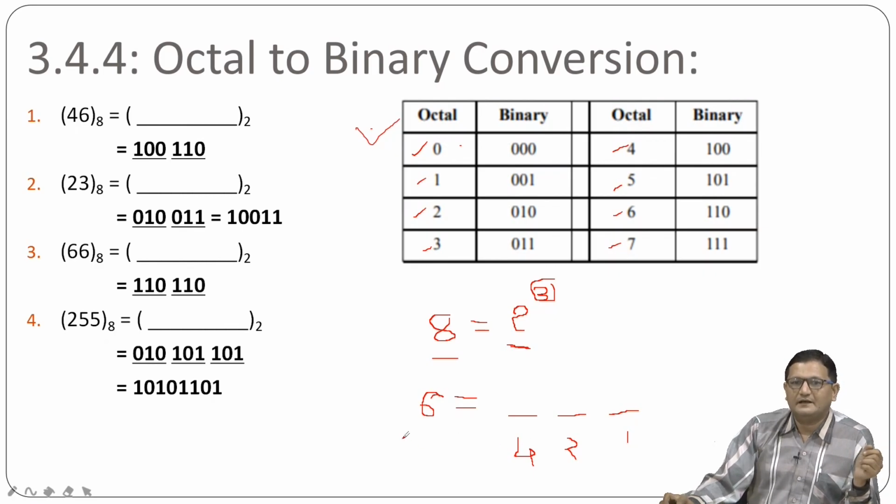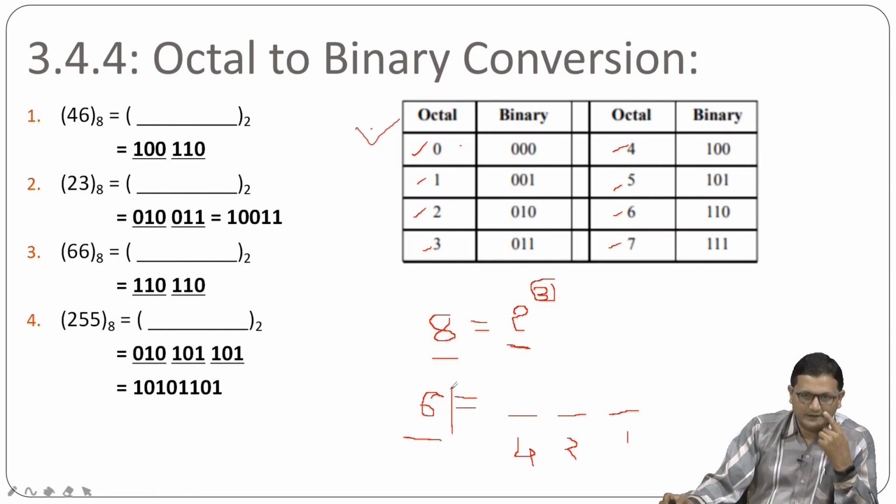Now what we have to do is make a binary of 6. So here, 6 means we need to collect this 4, right? So 4 we have collected. Now suppose 4 is collected, so you just subtract 4 from 6. So now how many remain? 2. Okay, fine.